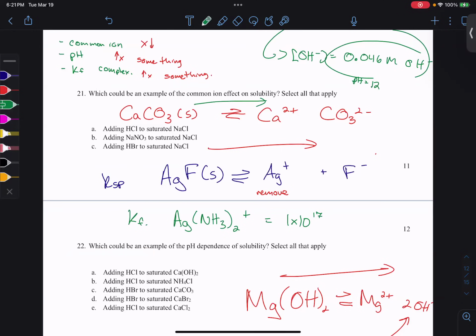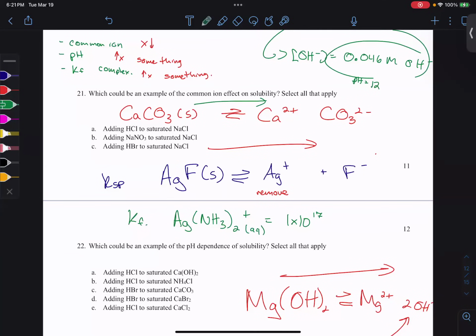So I might give you this Kf value, but what you should infer from this is, if I add ammonia and Ag+ together, they will react to make a very soluble complex ion. So in this saturated solution, I have a little bit of that Ag+.